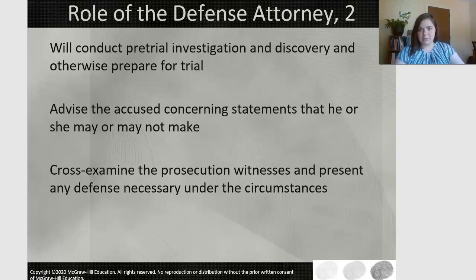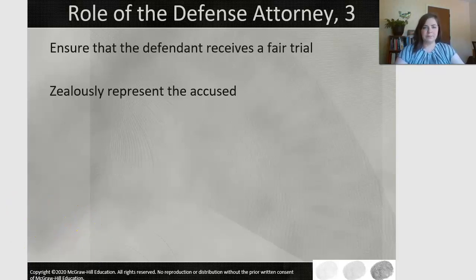Like, should they be talking to the police without you there? Probably not. And then during the trial, the defense attorney should cross-examine all witnesses. We can boil this down to the job being to ensure that the defendant gets a fair trial and that you zealously represent the accused.